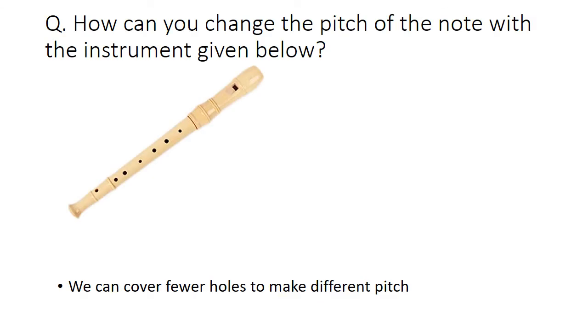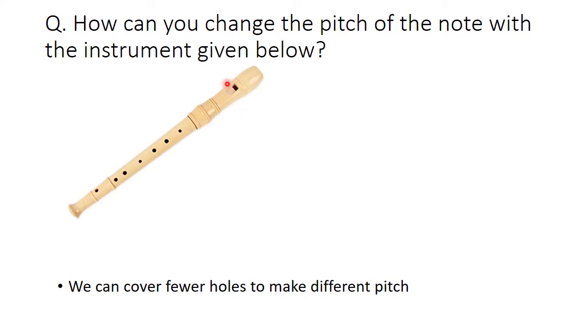Okay children, look at this question. How can you change the pitch of the note with the instrument given below? You can answer it. How can we change the pitch of the note with this instrument? I told you, if you want to change the pitch, we have to cover fewer holes.